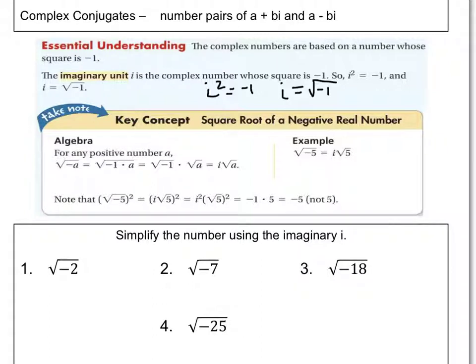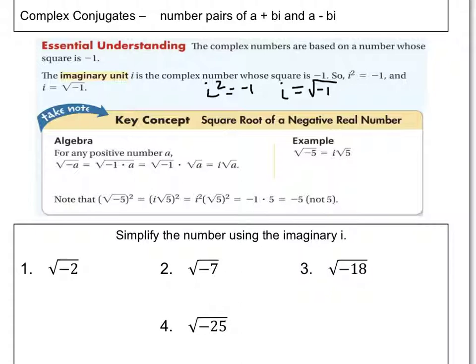So we split -a up into -1 times a, and then we can split that into two different roots. Now a is positive, and we don't have a negative underneath the square root anymore. We said earlier that i is the square root of -1, so we have i times the square root of a.